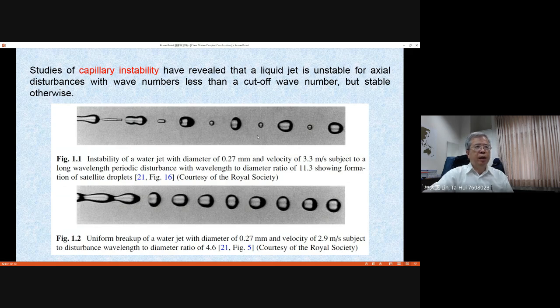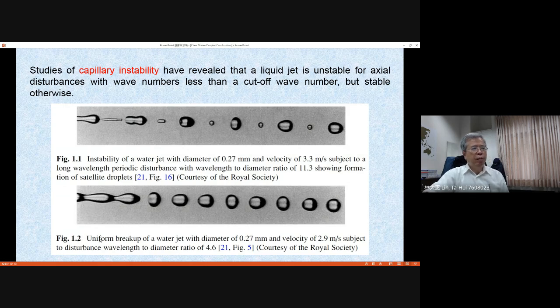This tells you the wavelength, or we call it frequency, does not match the natural frequency required for breakup. Later on, I will give you more understanding about the so-called Rayleigh instability, and there is a criterion to match the required frequency or wavelength to break up a single droplet very nicely. The result can be found in figure 1.2.